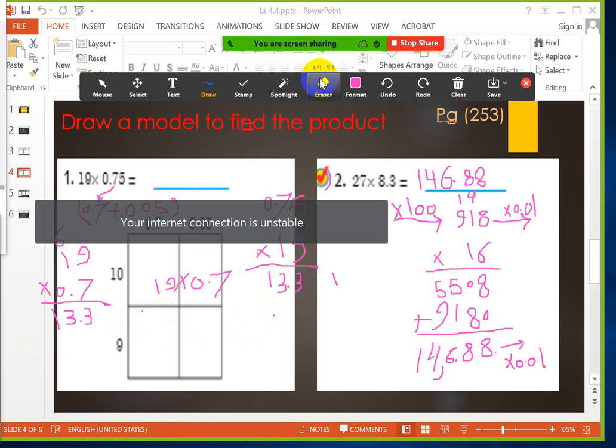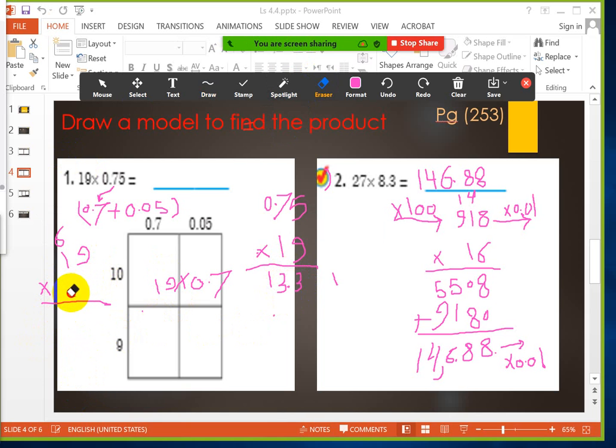Now, what about the second one? I want to multiply 19 with 0.05. Now I will multiply it with 5, then I will put the decimal point. 5 multiply 9 equals 45.